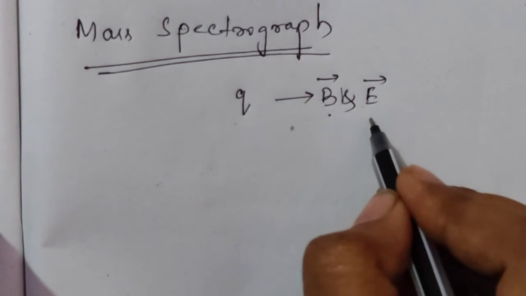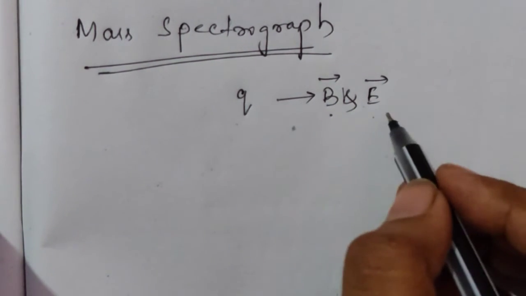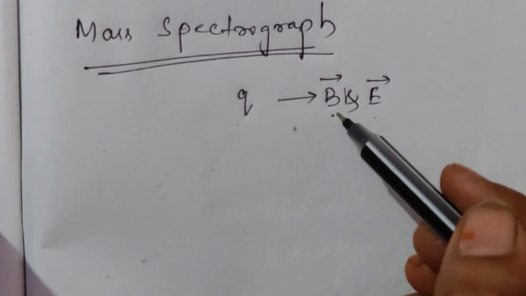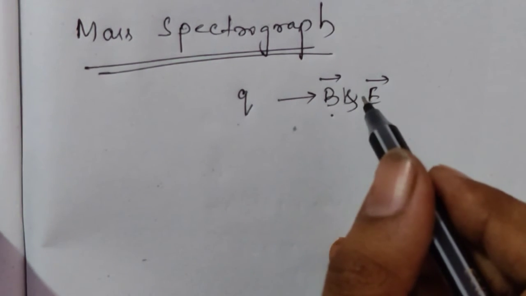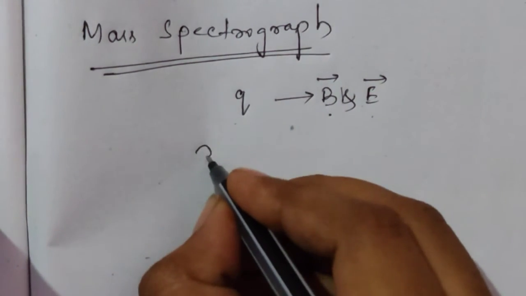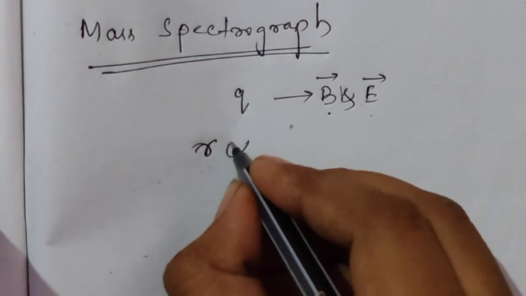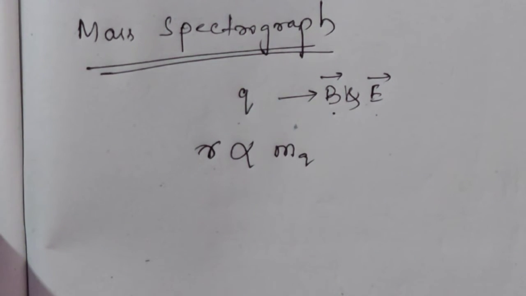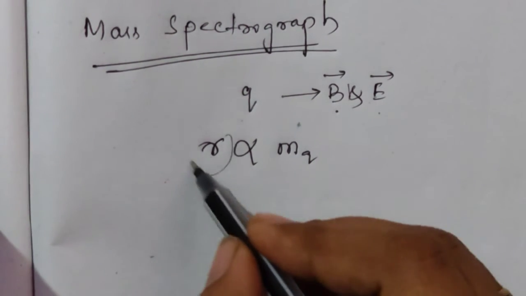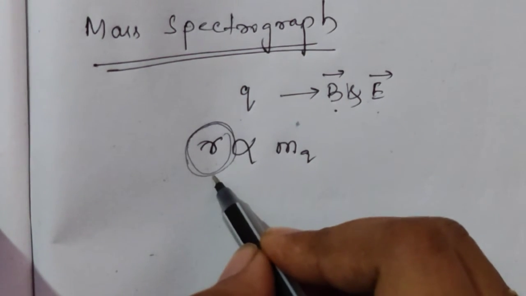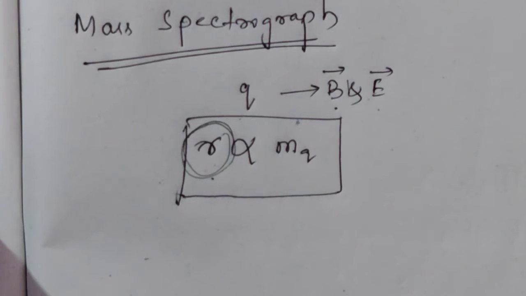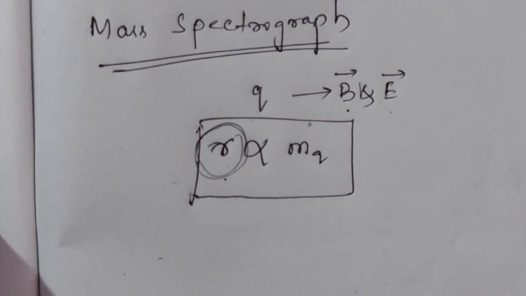When the charge is moving, we need to notice the trajectory, that means the path in which the charge is traveling. We need to measure the radius of the trajectory, where this radius will be directly proportional to the mass of the charged particle. So by measuring this radius, which is easier for us, we can know the mass of the subatomic particle which is moving in the combined electric and magnetic field.